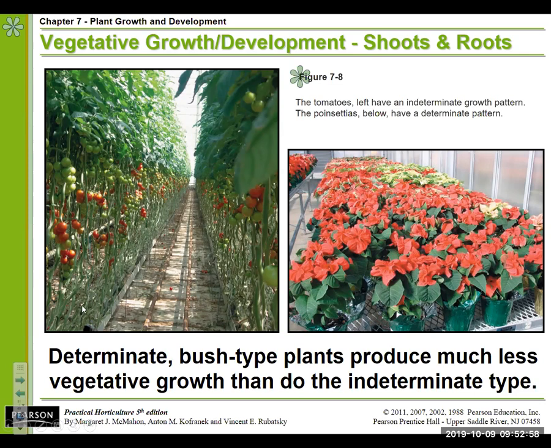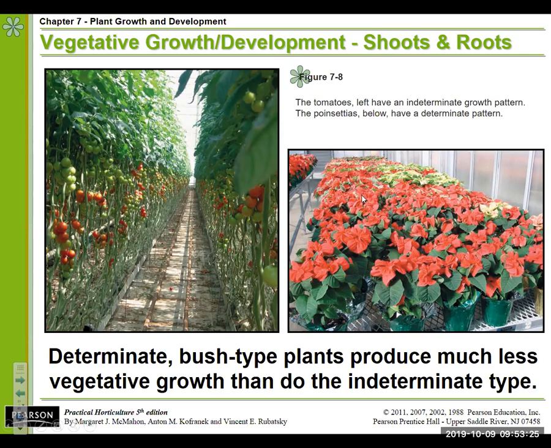So in this picture, we've got some greenhouse tomatoes being grown. They have to be hand-picked because, as you can see here, they're not all ripening at once. On the garden scale, you might want to grow determinate types of tomatoes if you were doing a bunch of canning, for instance. That way you go out there, you harvest all your tomatoes, and then you do all your canning.